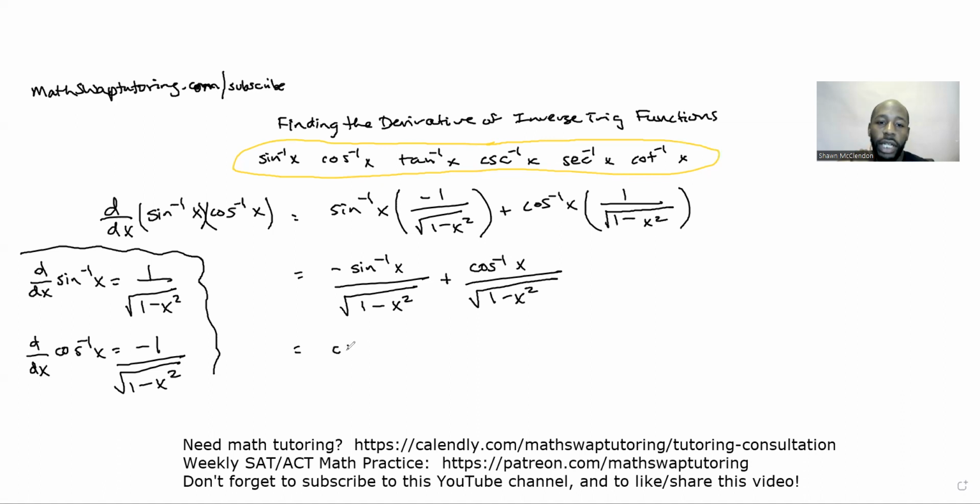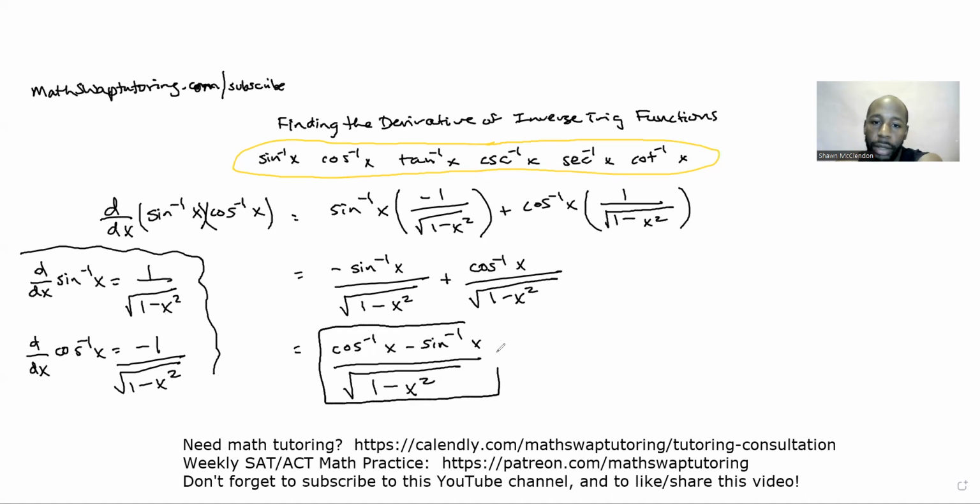So that's going to be cosine inverse of x minus sine inverse of x. I just reversed the order. You don't have to, but since it's being subtracted, I'd rather have that on the right side rather than the left. So that's going to be over the square root of 1 minus x squared.